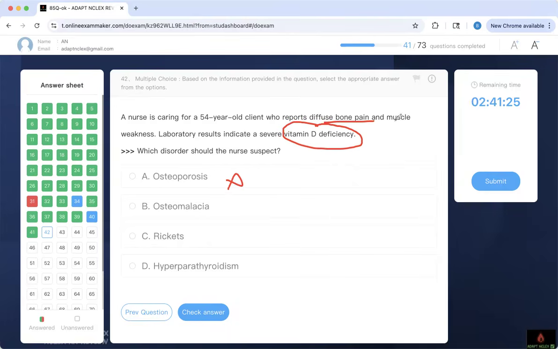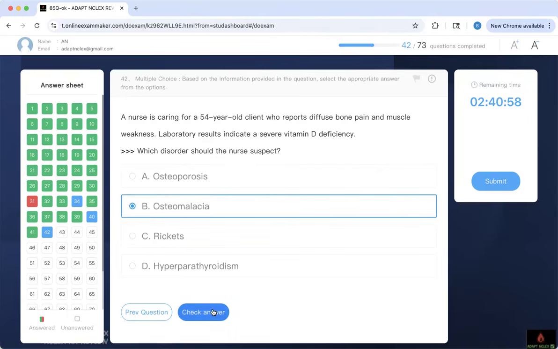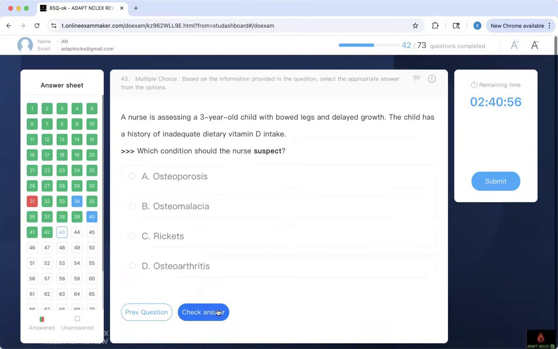I have bone pain. There's no mention of what? Perimenopausal, menopausal, anything like that, right? And this patient is older. It cannot be rickets. And it's not hyperparathyroidism. Usually they have renal problems. And therefore, this has to be osteomalacia due to vitamin D deficiency.